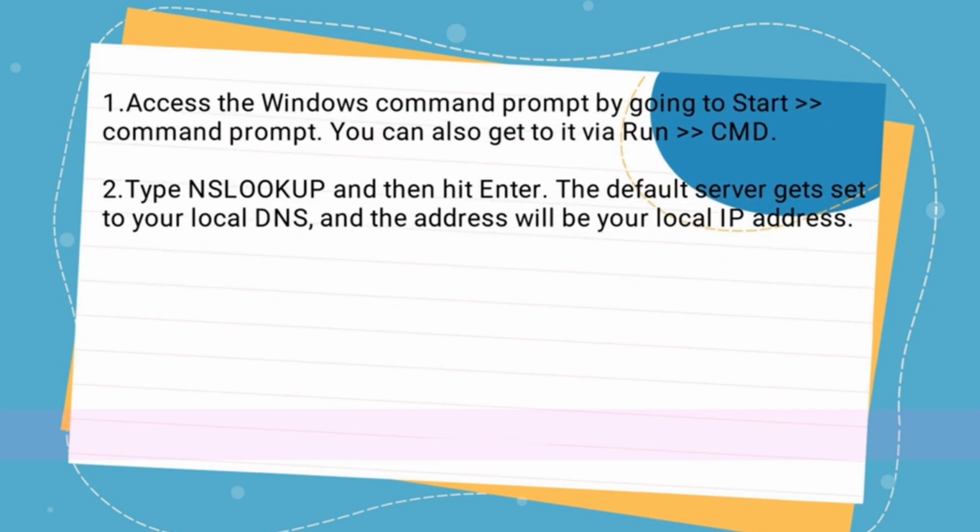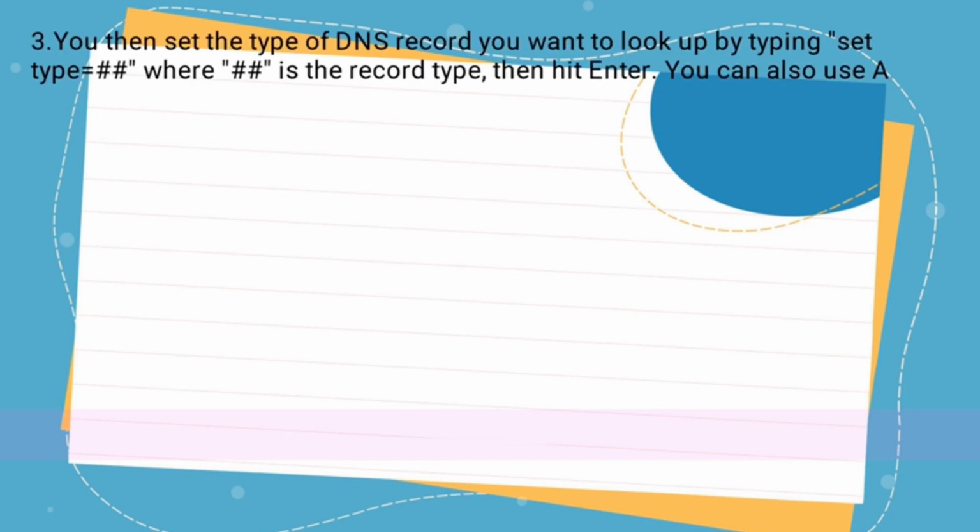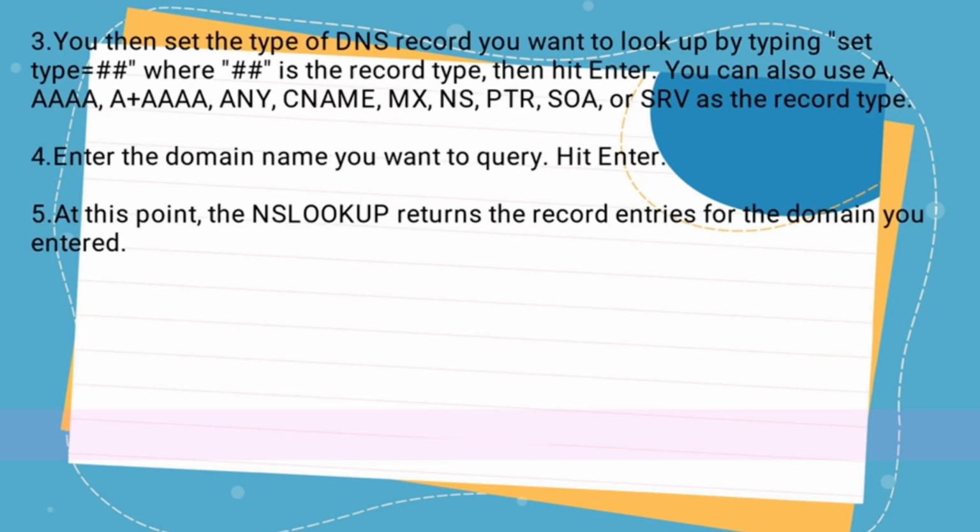Access the Windows command prompt by going to Start, Command Prompt. You can also get to it via Run, cmd. Type nslookup and then hit enter. The default server gets set to your local DNS. You then set the type of DNS record you want to look up by typing set type=## where ## is the record type, then hit enter.